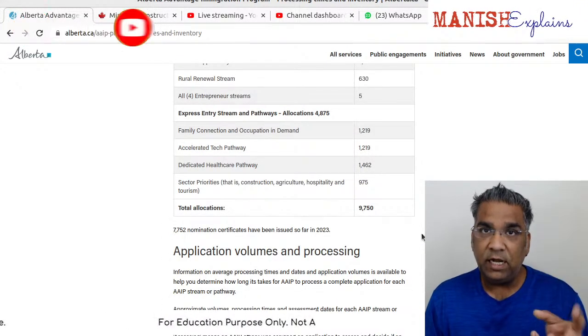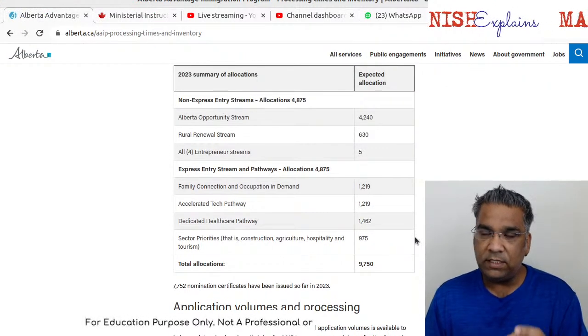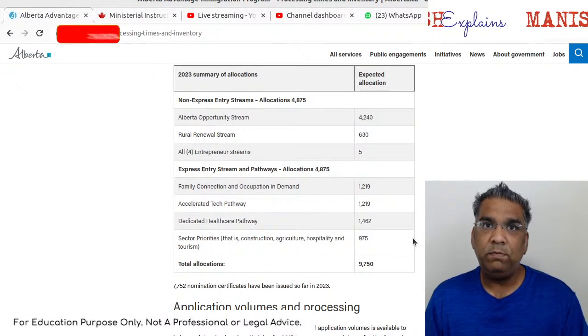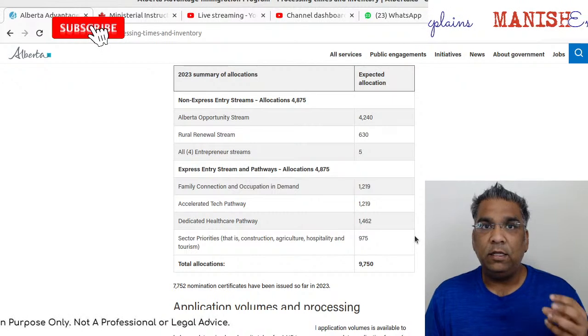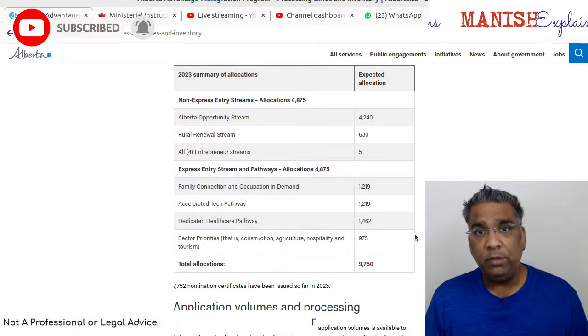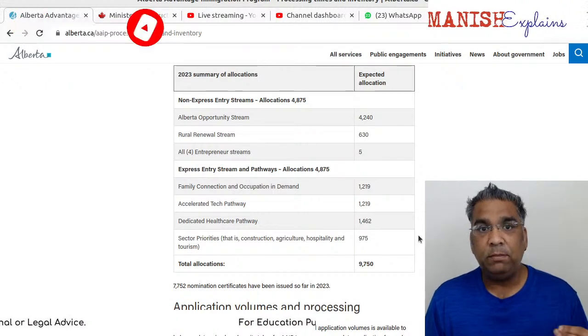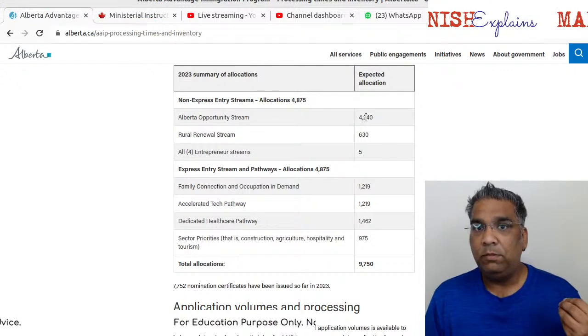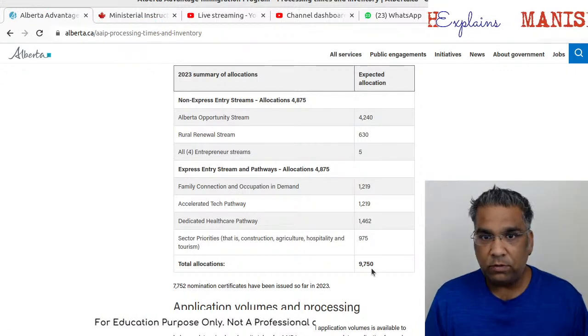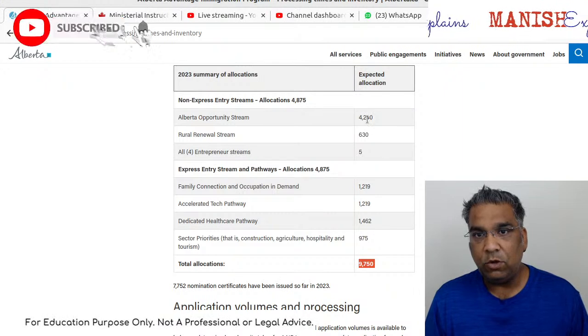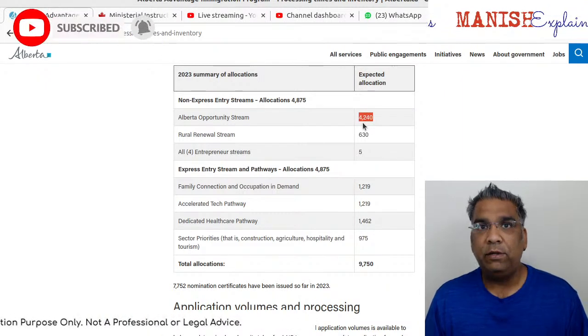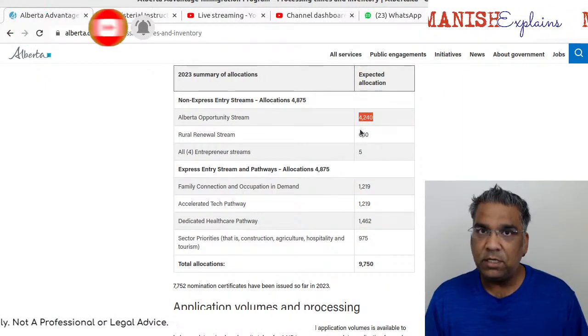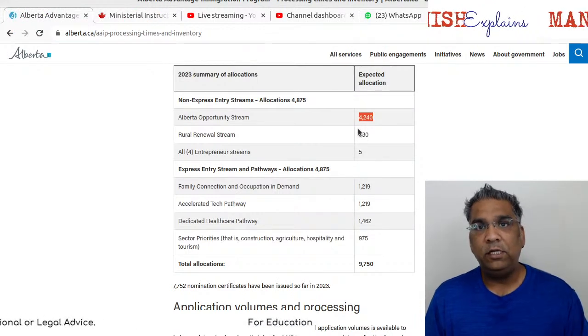But understand that this gives us an idea of where AIP is expecting the demand to be. Out of 9750, almost half of it is going to the Alberta Opportunity Stream. That means they are expecting more and more applications in that stream.